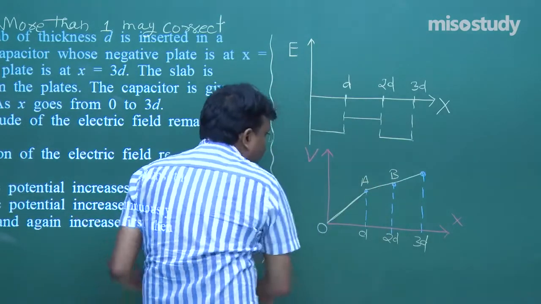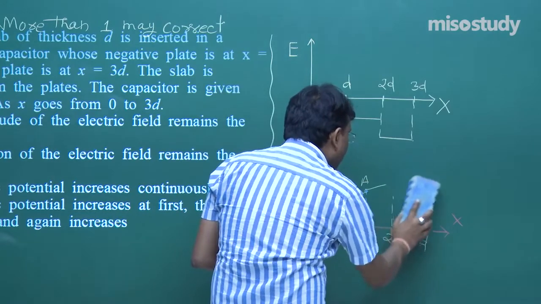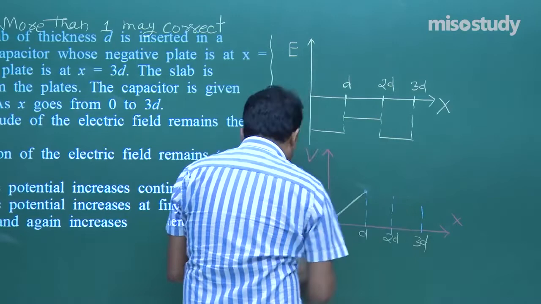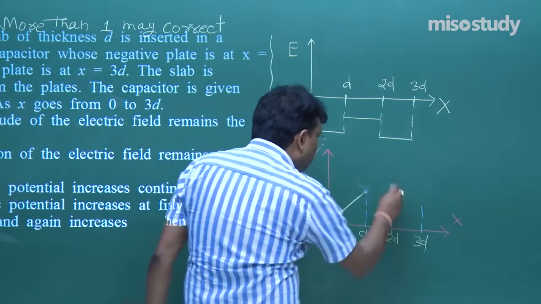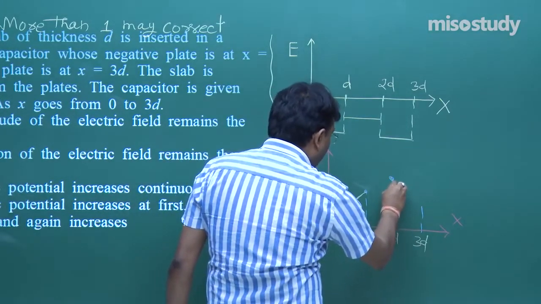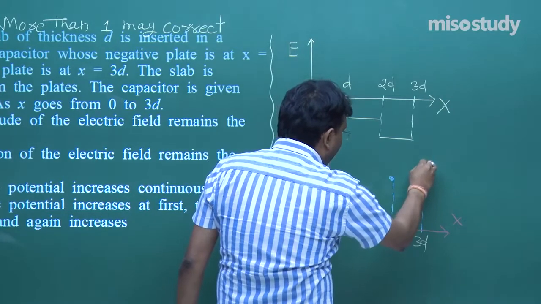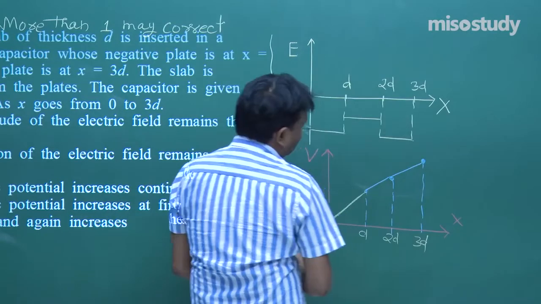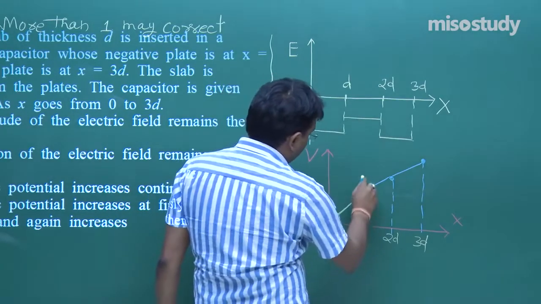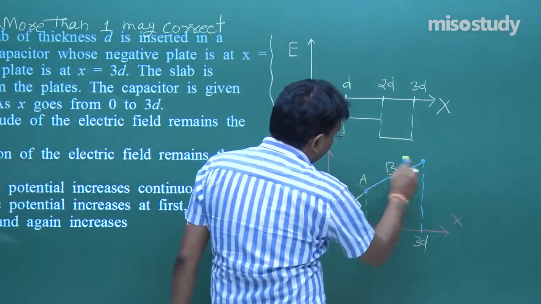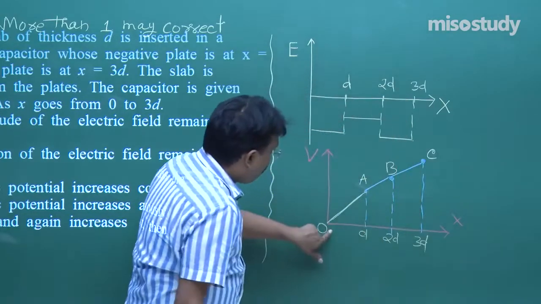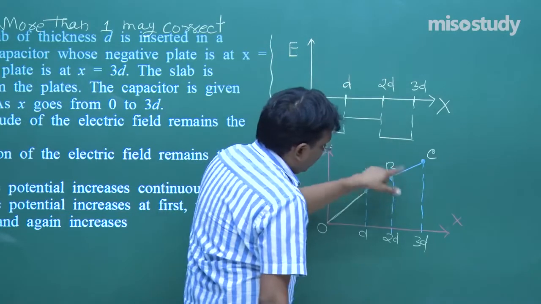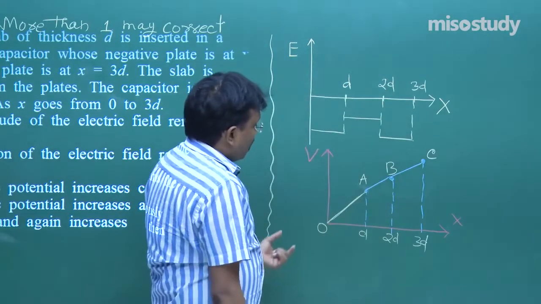Actually, this diagram is slightly in this fashion. Let us say this way, and then slightly enhancement. So, this is the way of enhancing, fine. So, A, B, C, OA, OB, AB, these points are like this. Now, listen carefully.